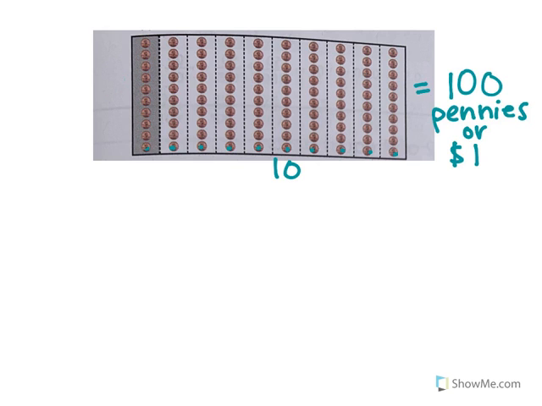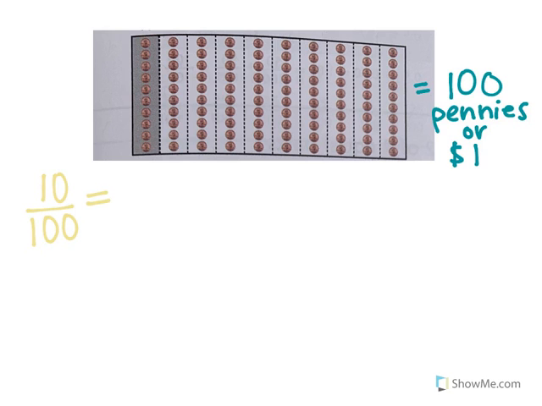So I'm going to use this knowledge to help me write some fractions. I'm going to start by looking at all the pennies. I have 1, 2, 3, 4, 5, 6, 7, 8, 9, 10 pennies colored in. Out of how many? You should all be saying 100. So I have 10 100ths.